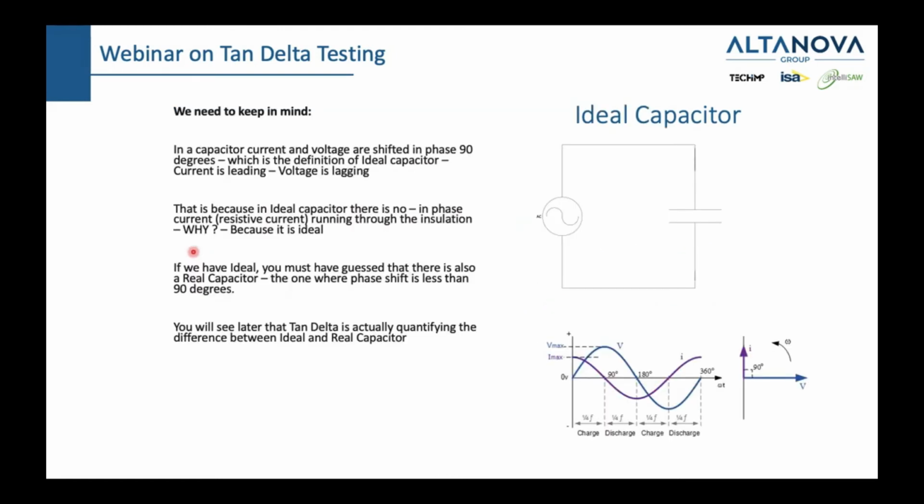But moving on, let us talk about our capacitor. Now, in a capacitor, we all know that current and voltage are shifted in phase by 90 degrees, which means actually first you have a current, something flowing in, and then the voltage builds up. And it's always 90 degrees.